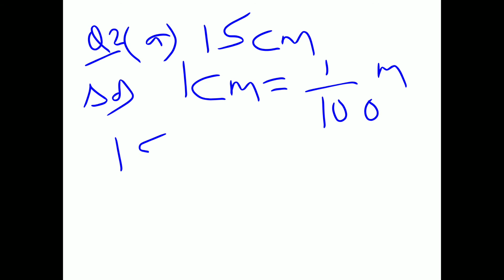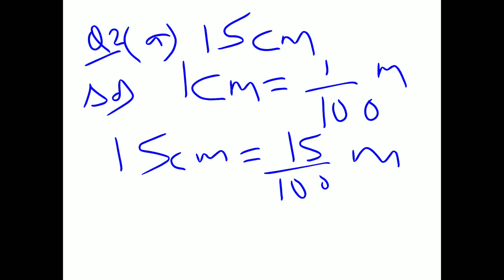Clear? So 15 centimeters will be equals to 15 upon 100 meter. So there are 2 zeros, so the decimal will come after 2 digits. So 5, 1. So there is no need of an extra 0. So the answer will be 0.15. Clear? So I will do the C part for you.